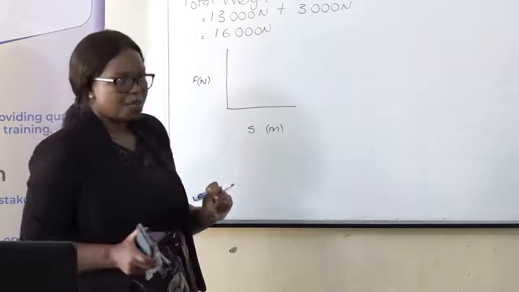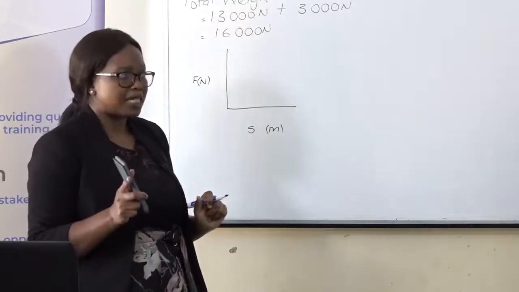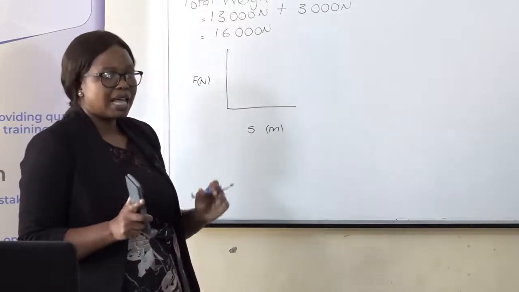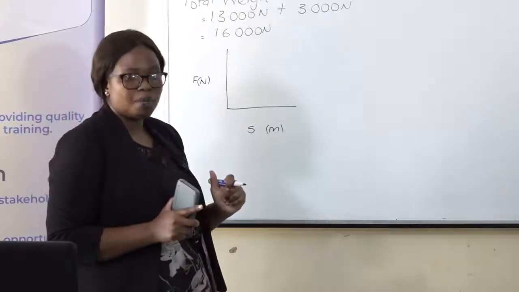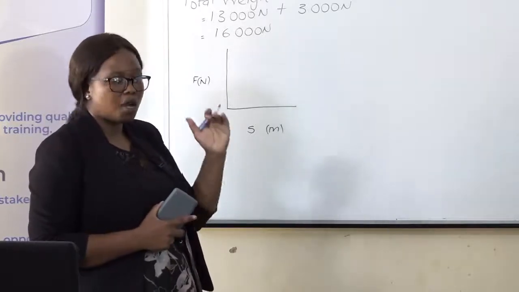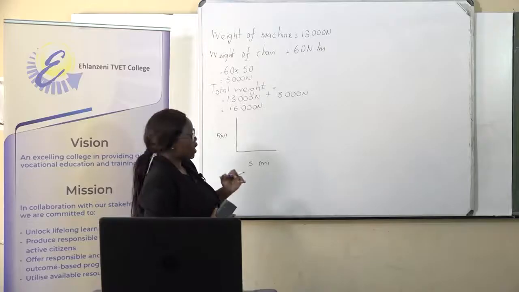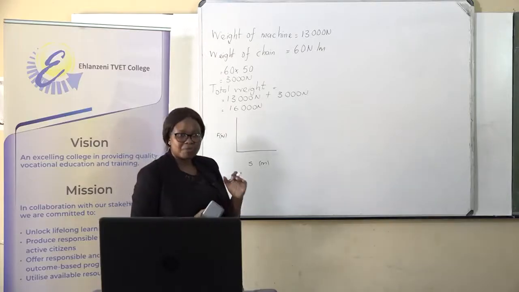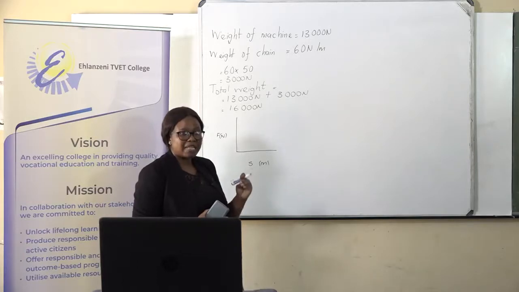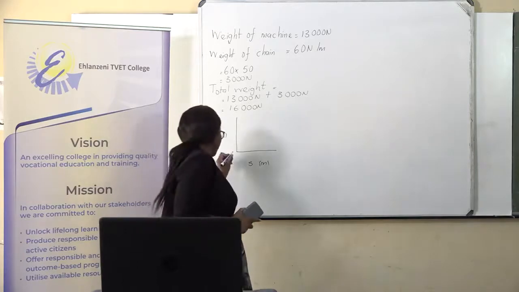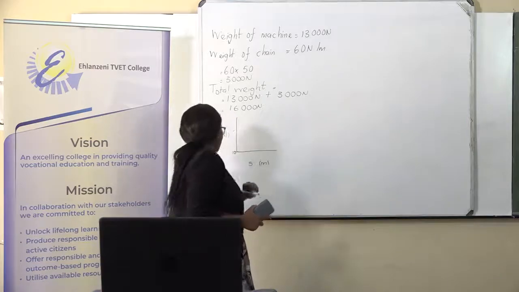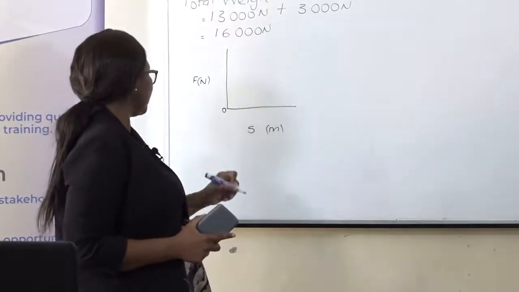Then, how many objects do we have? We have 2 objects. So we are going to put the bigger force at the bottom and the smaller force on the top. Our bigger force is the weight of the machine, and our smaller force is the weight of the chain. Here we put our weight, which starts at 0.